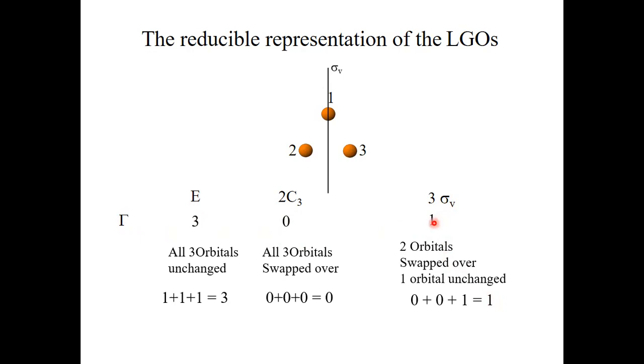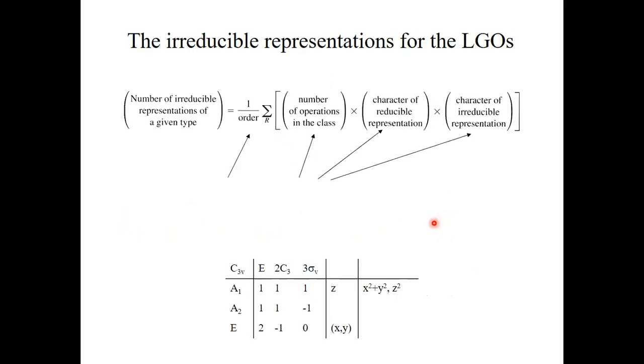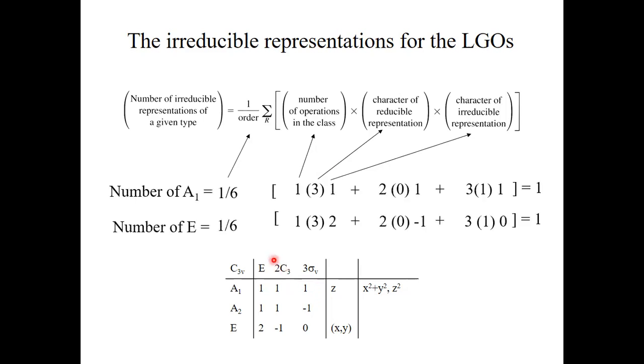What is the next step now? The next step now is to determine the irreducible representations for the ligand group orbitals. That will determine the symmetry types. And we can use the reduction formula in order to do this. So we can start, for instance, with the symmetry type A1. So how many ligand group orbitals will have the symmetry type A1? Well, that is 1 over the order of the point group.